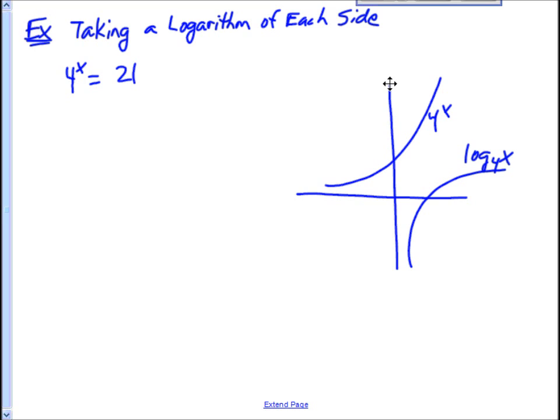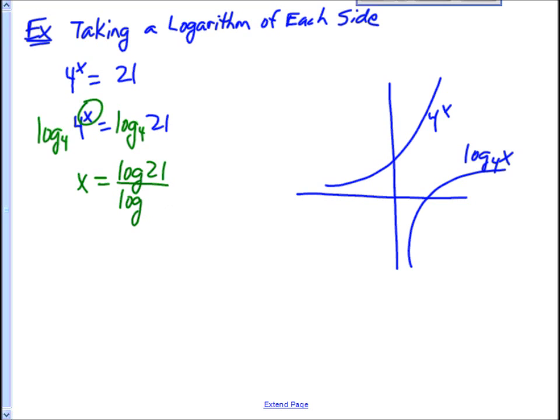So you're going to run the inverse on each of these, log base 4, because the composition of a function with its inverse spits out the input, if you will. So you get x right here. Log base 4 of 4 to the x is x, whatever's in that position. Log base 4 of 21 is, I don't know, so I've got to punch that in, and I'd better change the base before I do. Log of 21 over log of 4, which is approximately 2.196.